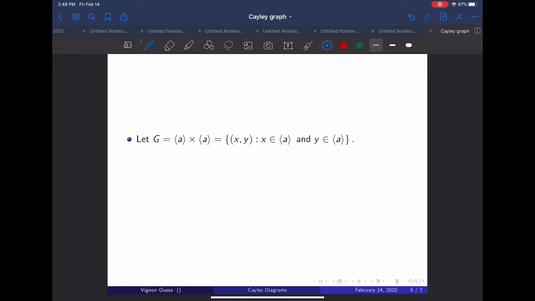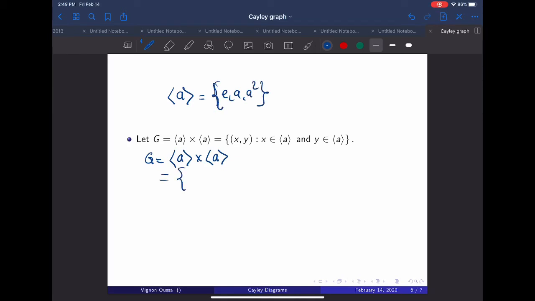Let's look at the following group. This group G is a non-cyclic group. We take the product. A is the group generated by A, which consists of E, A, and then A square, and then we take the Cartesian product of these two.